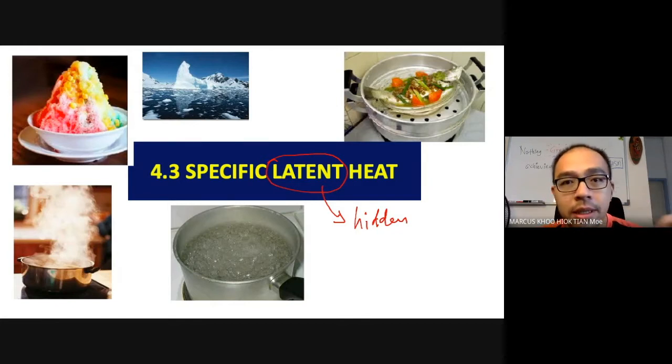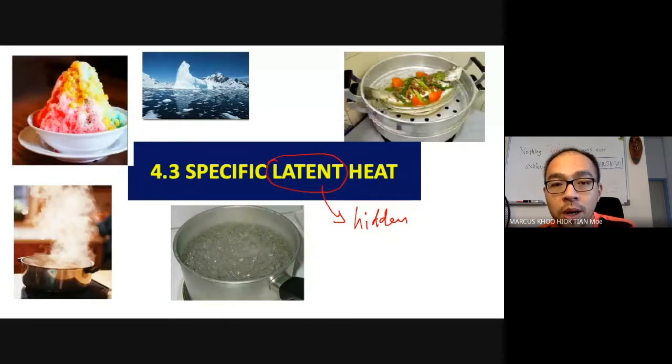Then there will come a time where suddenly the temperature will stop increasing, although you're still providing heat. So we need to answer this question: what is happening to the heat that we are providing?